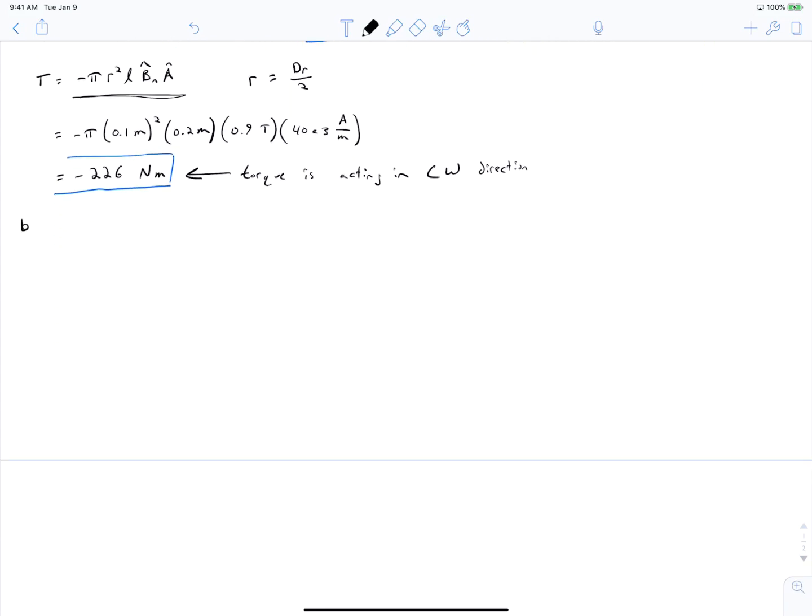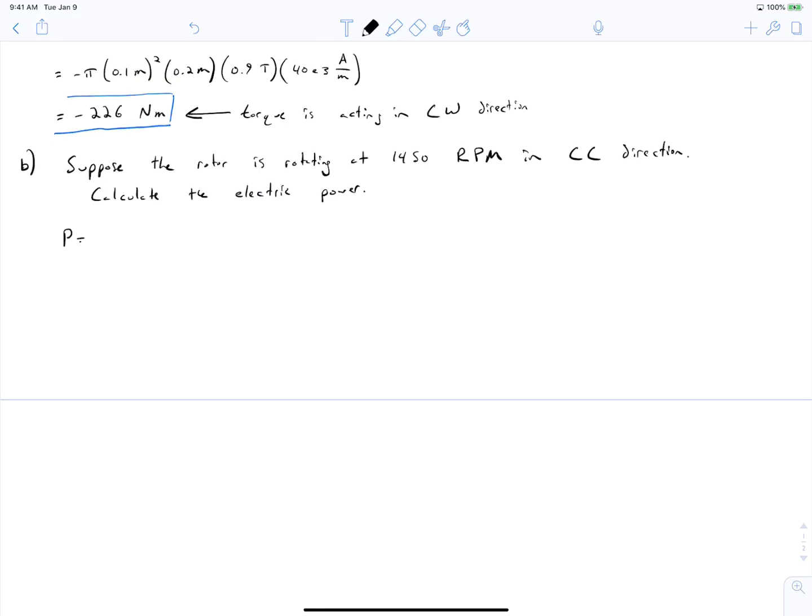The next part of this problem, we're going to suppose that the rotor is rotating at a speed of 1,450 revolutions per minute in the counterclockwise direction. And then we're going to calculate the electric power. We know that power is equal to torque times our rotational speed in radians per second.